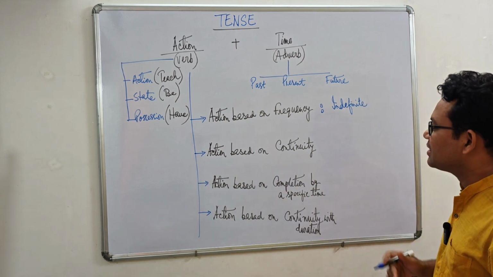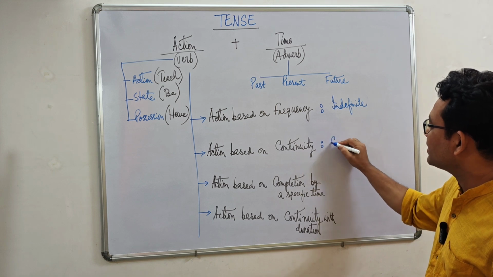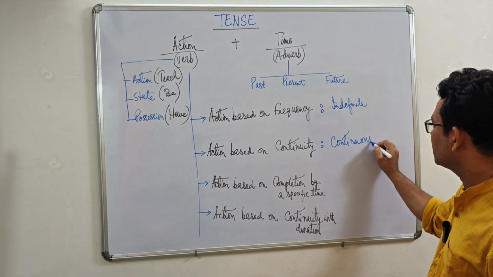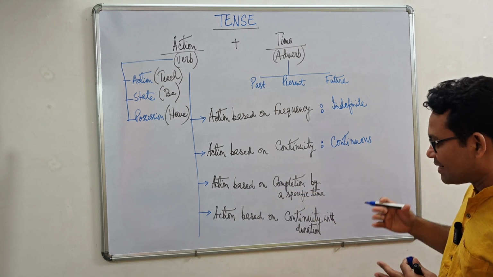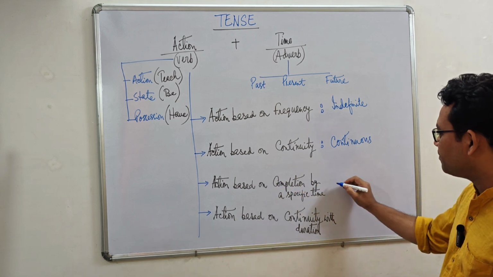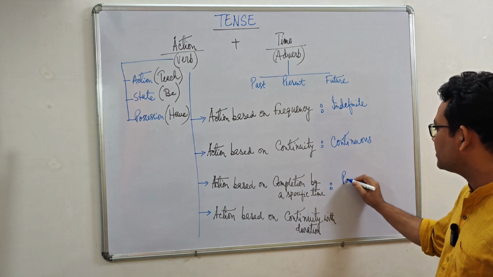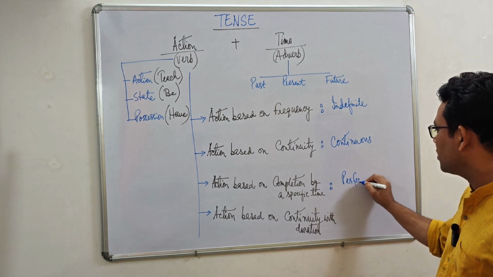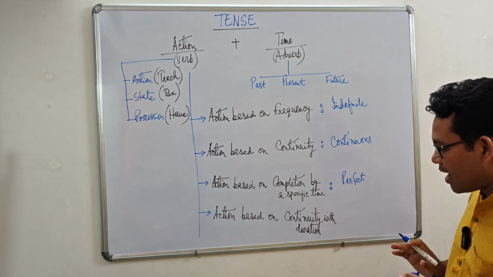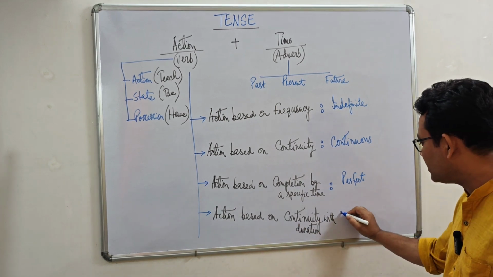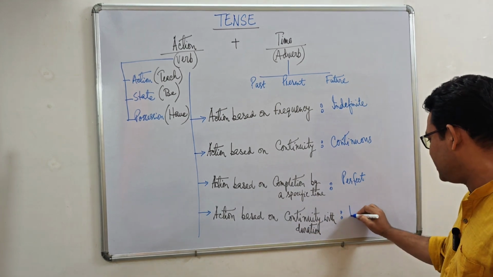Then action based on continuity, we call it continuous tense. Then action based on completion by a specific time is known as perfect tense. And finally, action based on continuity with duration is known as perfect continuous tense.